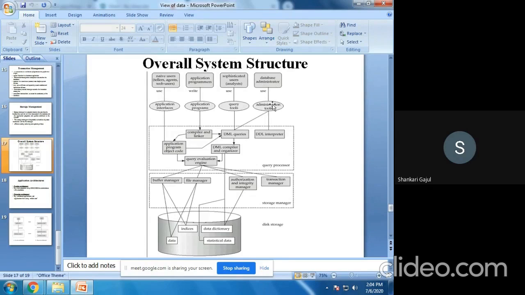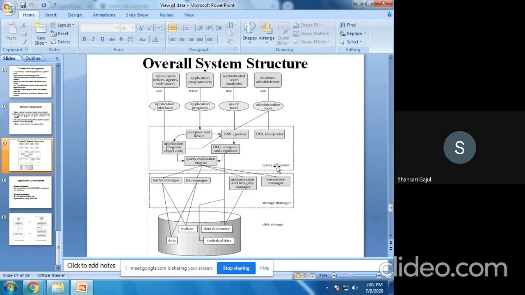To do these jobs, the database administrator requires some tools. Those tools are provided in the query processor. So the system structure is again divided: this is the storage, and this is the actual data where the database is present. The system is divided into two parts, the query processor as well as the storage manager.